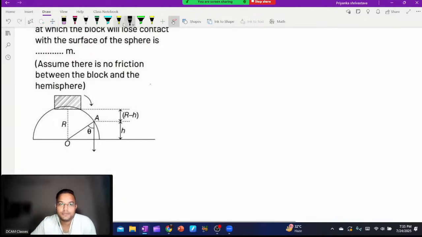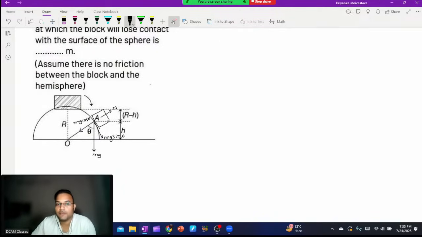See, suppose, I'll give you a hint. Suppose here at this point, it loses contact. This is mg. This component will be mg cos theta. This component will be your mg sin theta. Here there should be a normal reaction, but because it is losing contact, the normal reaction will go.